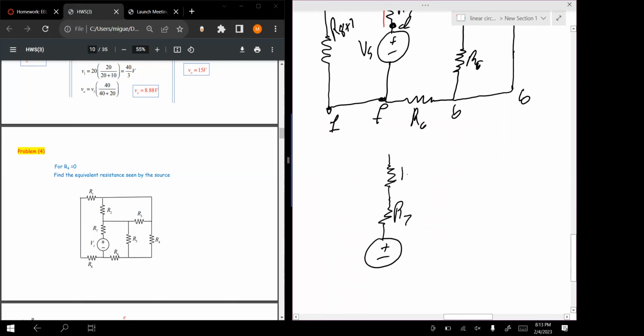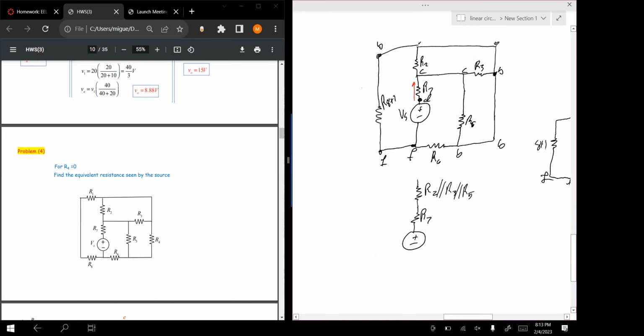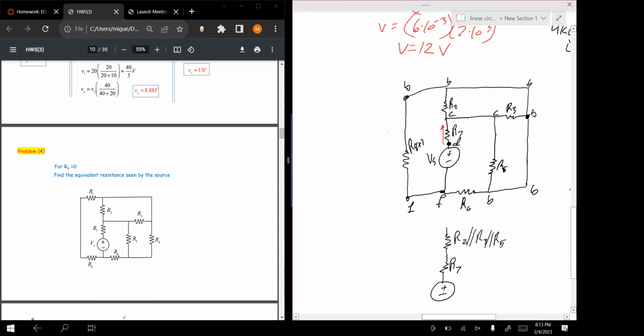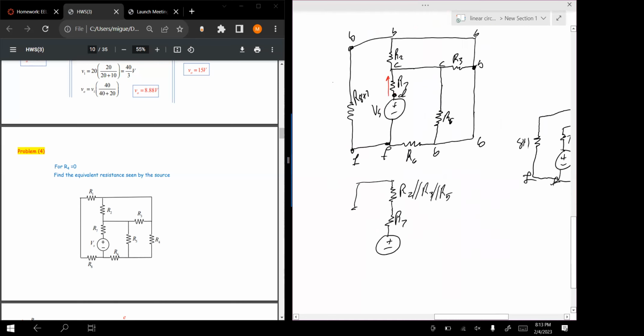This is going to be R2, R3, R5. And then we're going to have this loop around like that. This is all node B up here, and then this is going to come out.